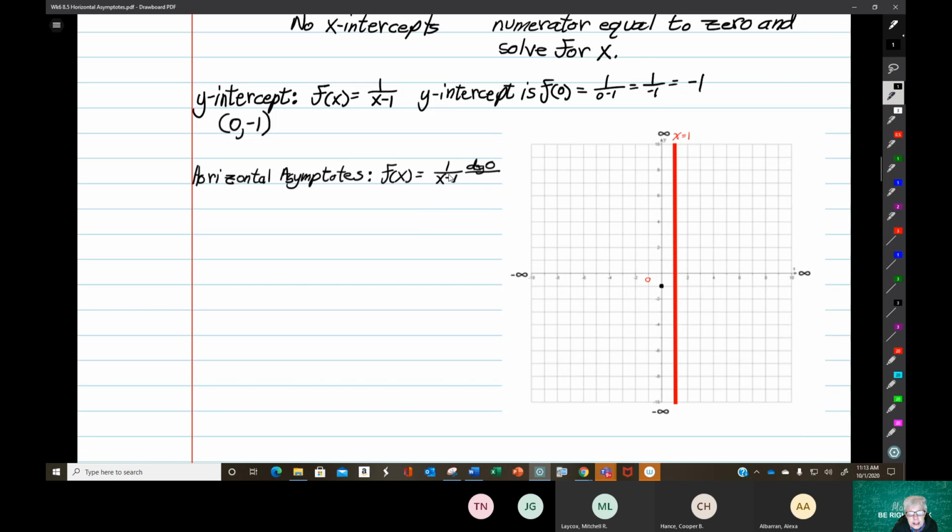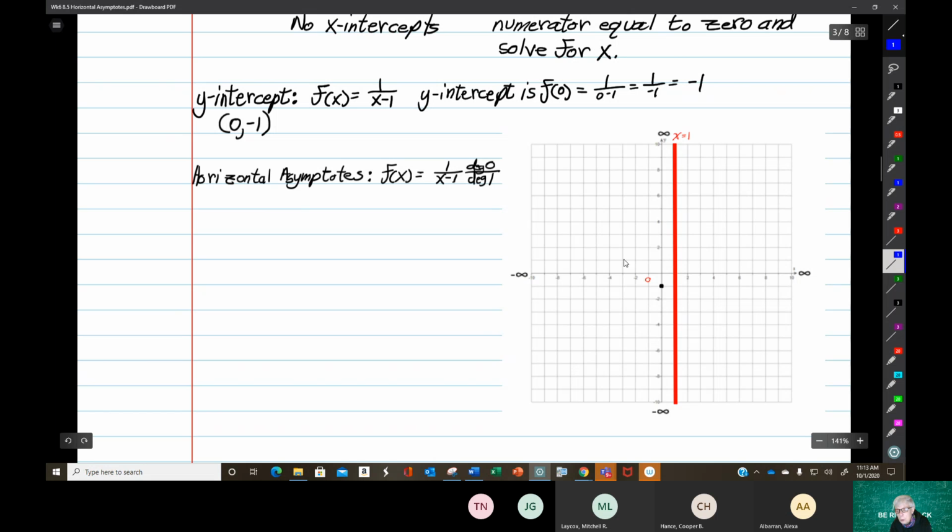The power on this x is an invisible 1, so the degree of the denominator is 1. 0 is less than 1. Therefore, your horizontal asymptote is the x-axis.